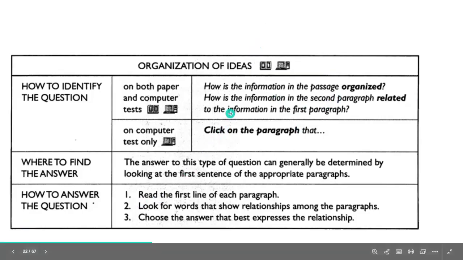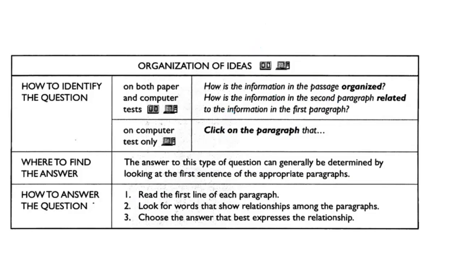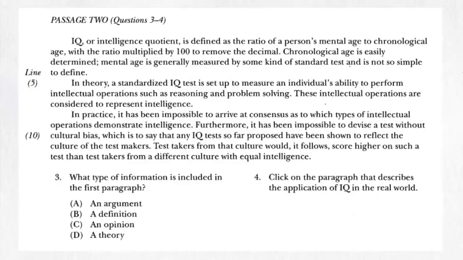Now, how to answer this question? Again, read the first line of each paragraph. Look for words that show relationship among paragraphs, like an effect is, a consequence was, the result, as an example, etc. And then choose the best answer. Okay, let's practice.